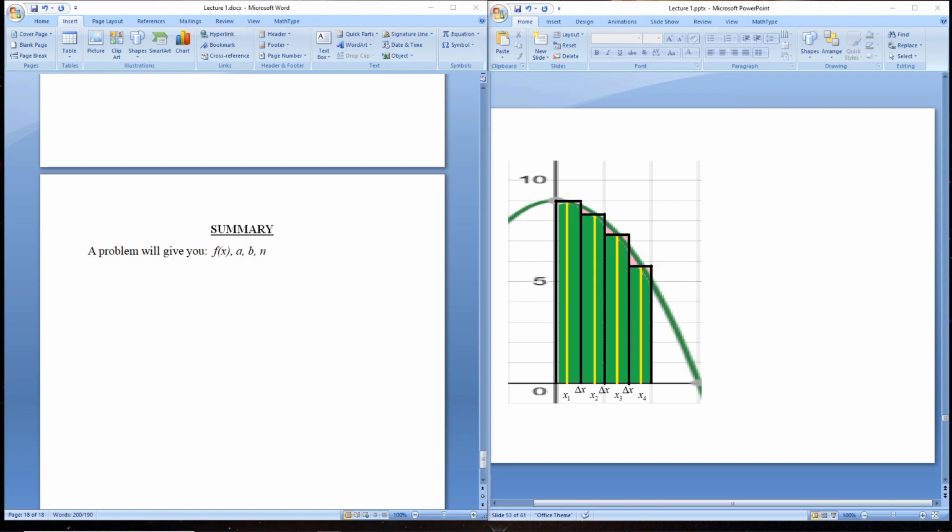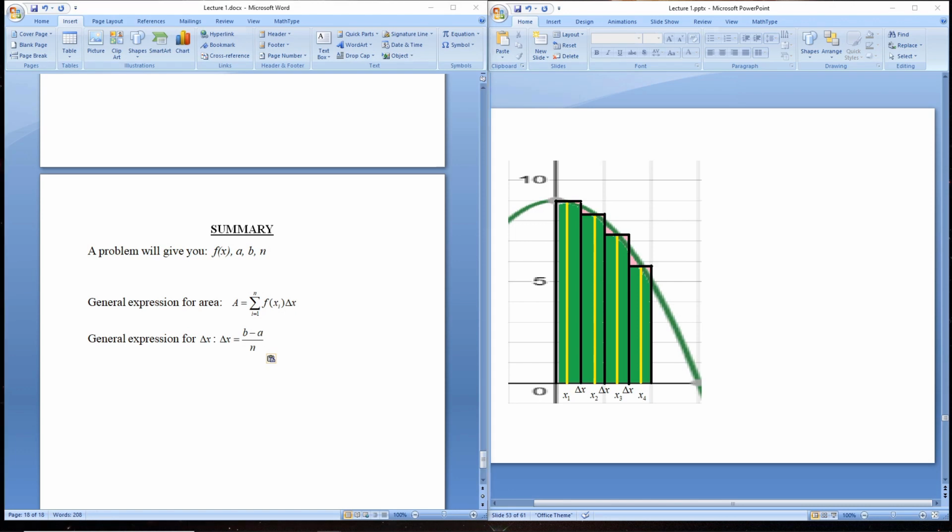Now, what you do need to think about are our two general expressions. For the area, we have our general expression here. Notice there's an n, the n indicating how many rectangles you're going to use, and delta x, which is always b minus a over n. So we have 4 pieces of information that will be given, 2 equations that we'll always be using.